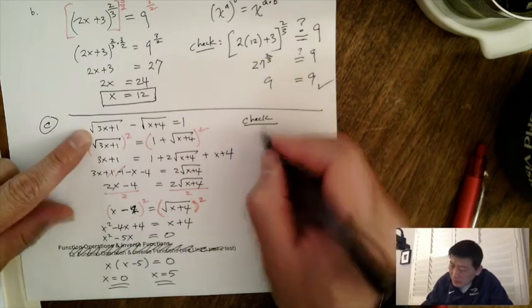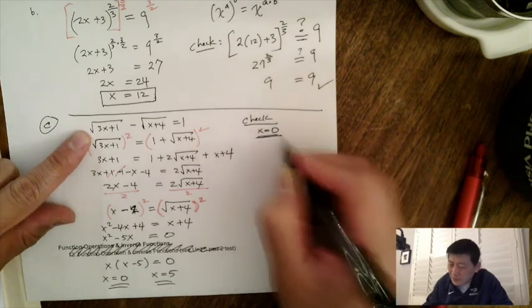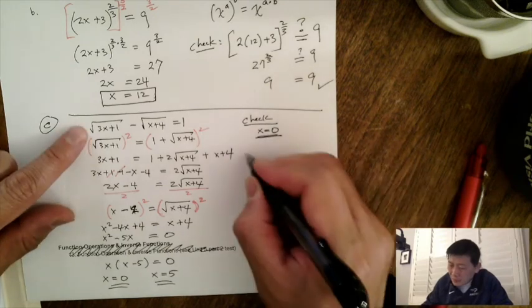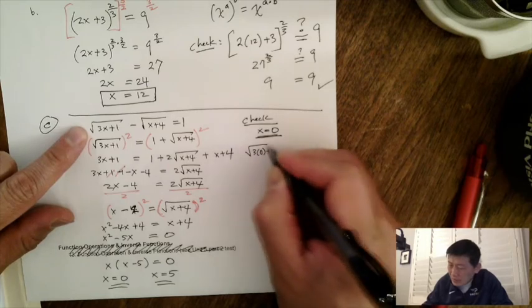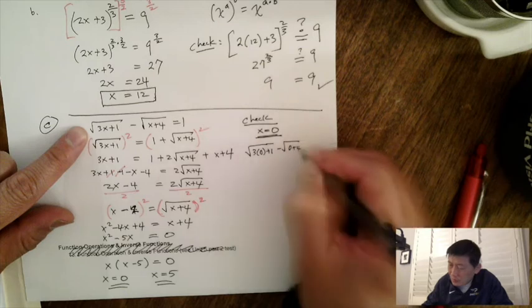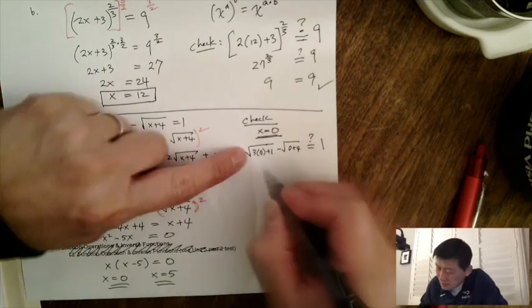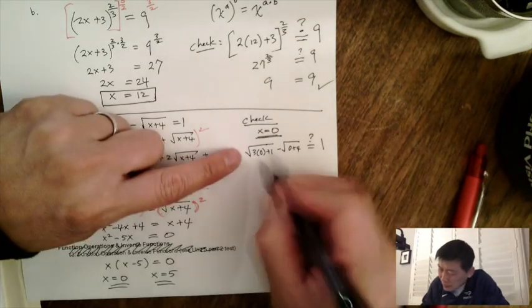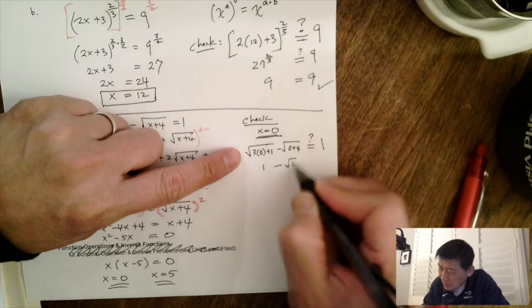So let's start with x equal to 0. Put it back into the original equation: the square root of 3 times 0 plus 1 minus the square root of 0 plus 4. Is it going to be 1? Well, let's see. This becomes the square root of 1, which is 1, minus the square root of 4.